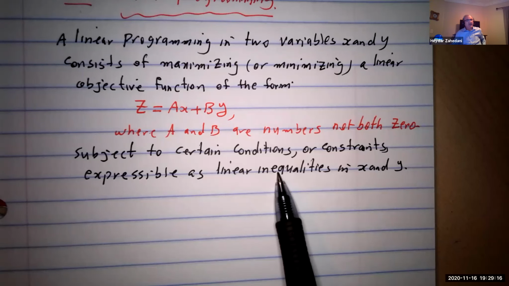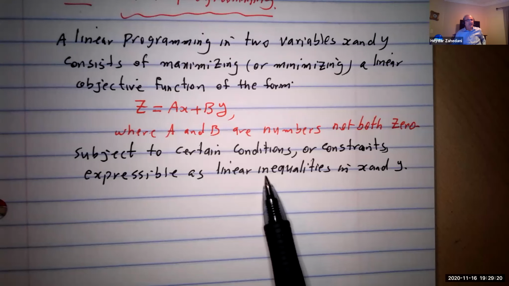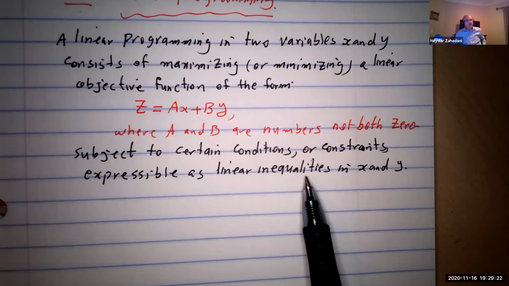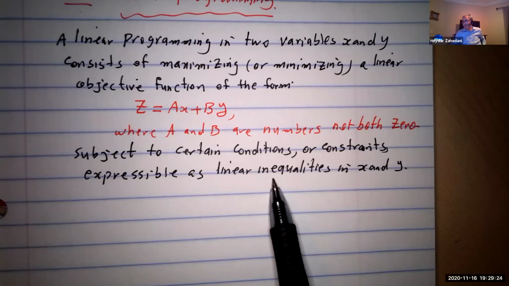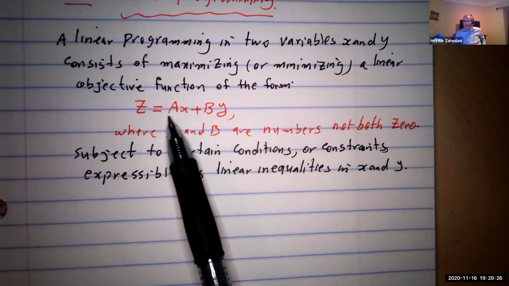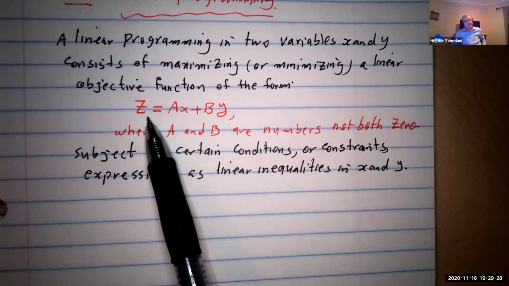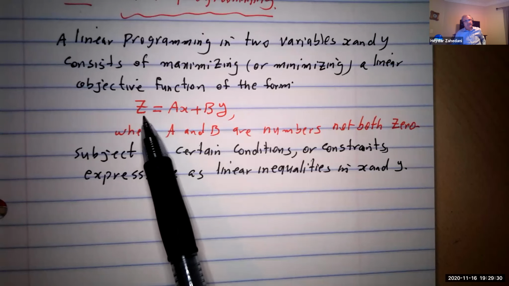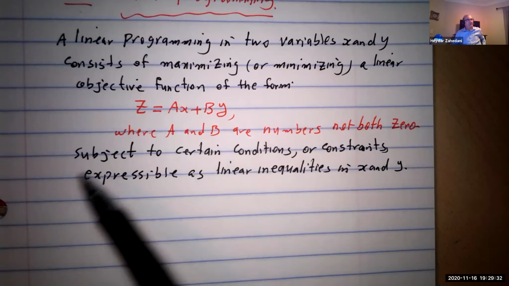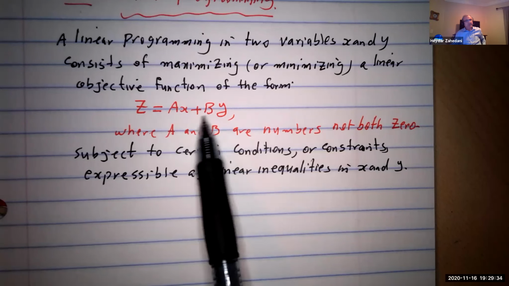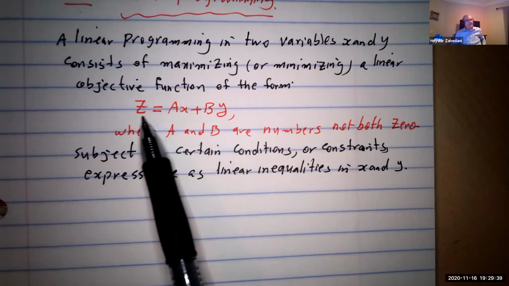So you identify those vertices. Those are going to be points x and y, like 1, 2, -1, 5, etc. Then we evaluate the z at those corner points. We know x, y, we pick each one of them and we find the z.